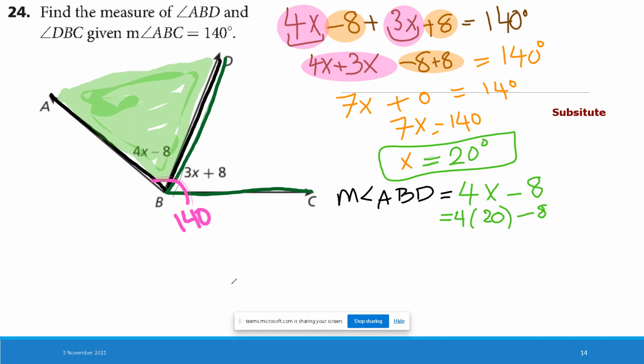So first you have to multiply. 4 times 20 is 80. Minus 8 is 72. Thank you. So the measure of the angle ABD is 72. Thank you.